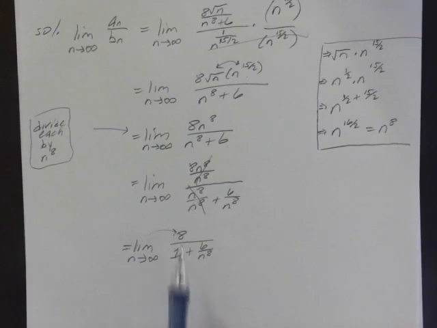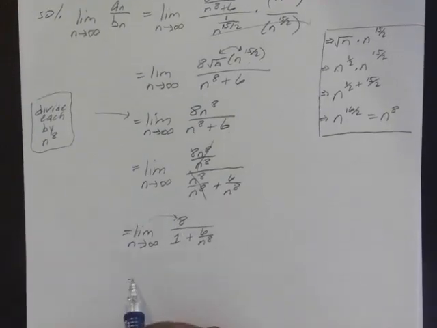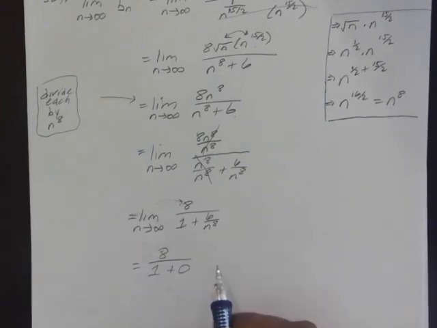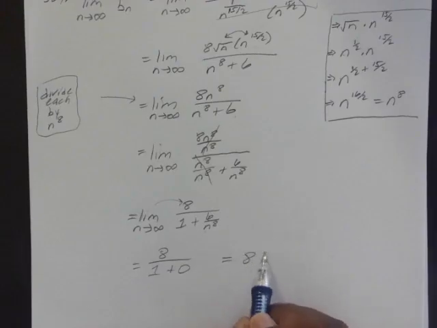So if we take the limit of each term, the limit of 8, the limit of a constant is always just a constant, divided by the limit of 1, which is just 1, plus the limit of a constant divided by a number getting bigger and bigger is always going to be 0. So it's just 8.